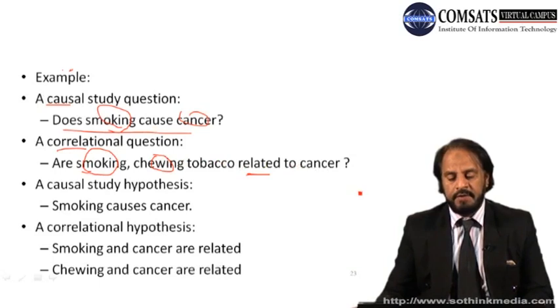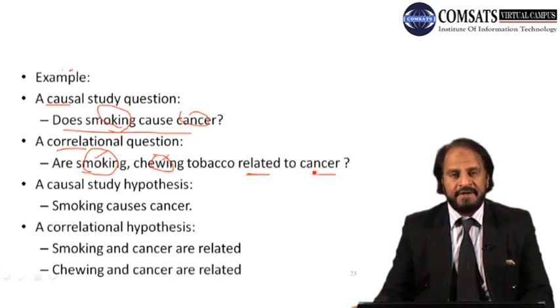We're not saying cause, we're saying it is related to cancer. So if a study is considering more than just one variable, and you're considering different variables and their effect on your dependent variable, then that kind of study is considered a correlational study. On the other hand, if you're just focused on one variable and we're saying this is the cause of the other dependent variable, then this study is considered a causal study.